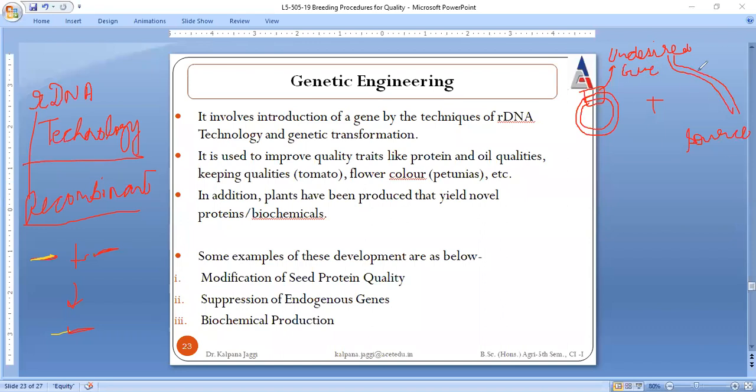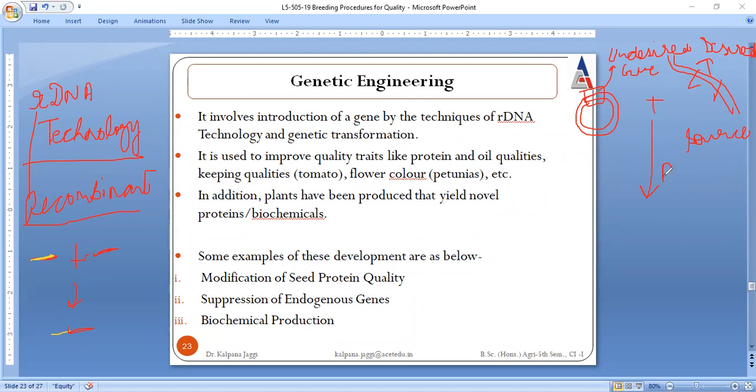The source has the desired gene, or quality trait. Both are nucleic acid, so both are DNA. We need an enzyme that cuts this DNA, so that the significant portion of the genomic content can be isolated, and the undesired portion of the gene can be removed.